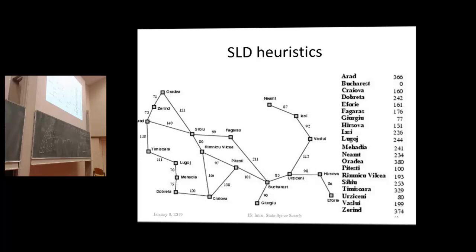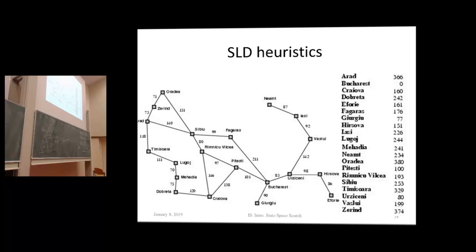Okay, now let's go back to the informed search. So now we have this case where we have the straight line distance, or the beeline distance. We know something about the next state to explore. So if we start in Arad, then the next possible states would be Zerind, Sibiu, and Timisoara.